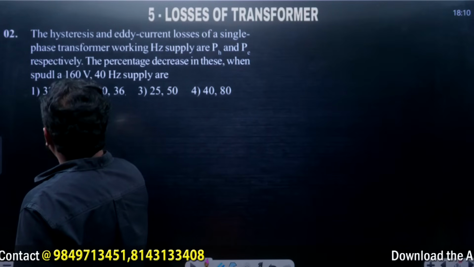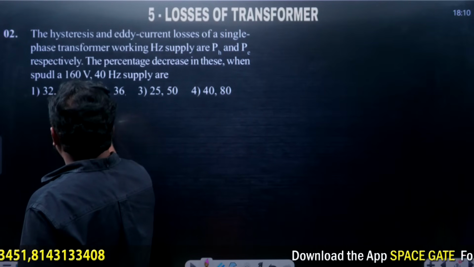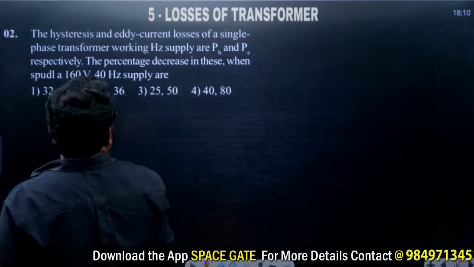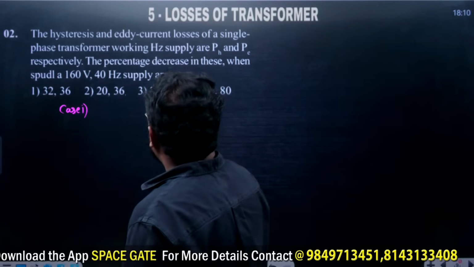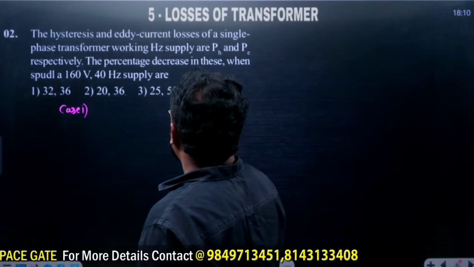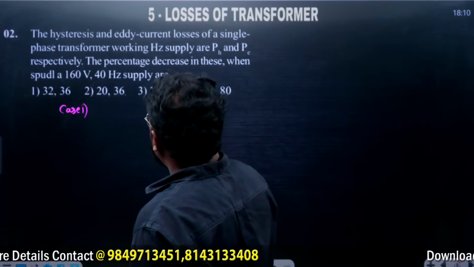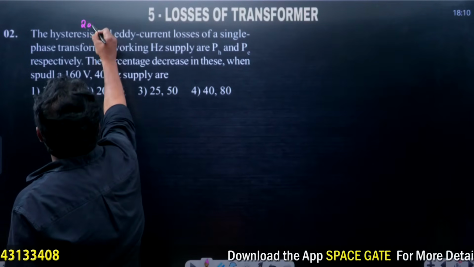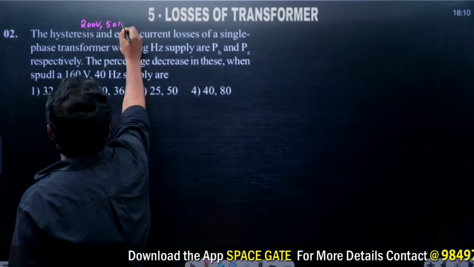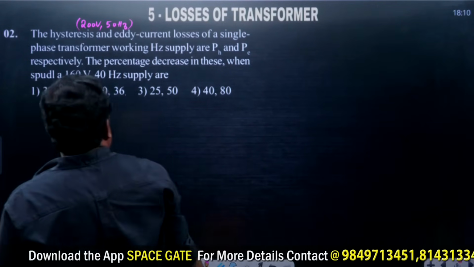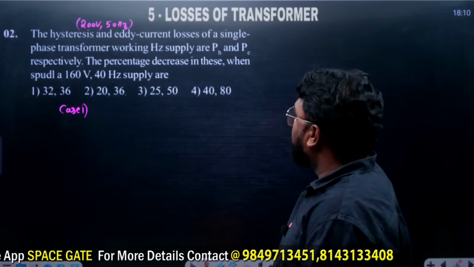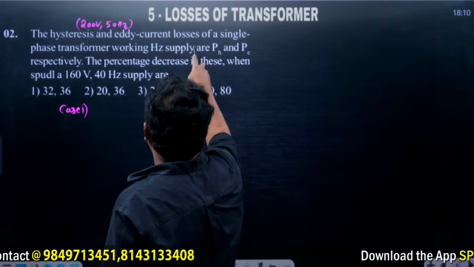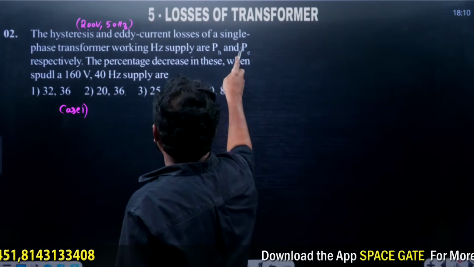Initially, the given supply voltage and frequency of the single phase transformer, and here actually there is some mistake in this question, it is a 200 volts and 50 hertz transformer. Initial conditions: 200 volts, 50 hertz, with hysteresis and eddy current losses of PH and PE.